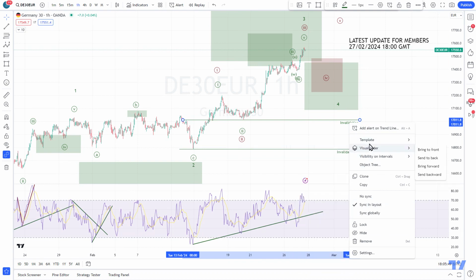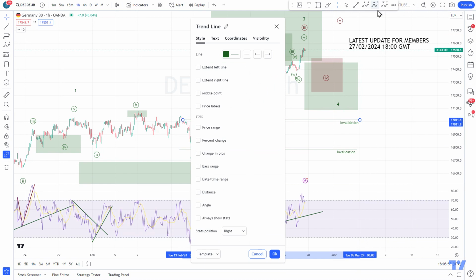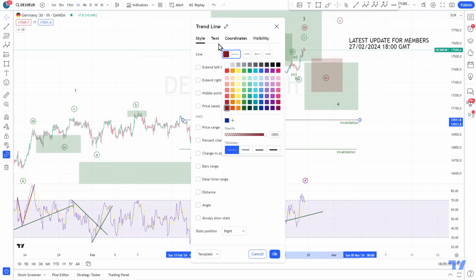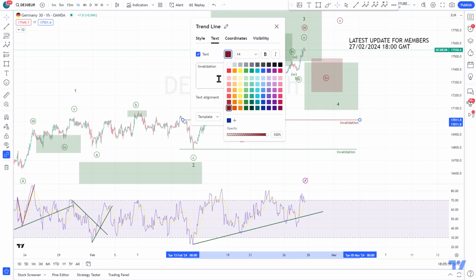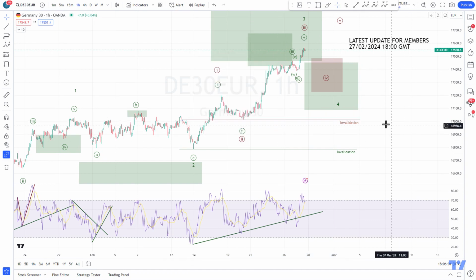Let me put this in the right color. So this is the invalidation level for this wave 4 pullback. So this was all under the assumption that our high was in right here.